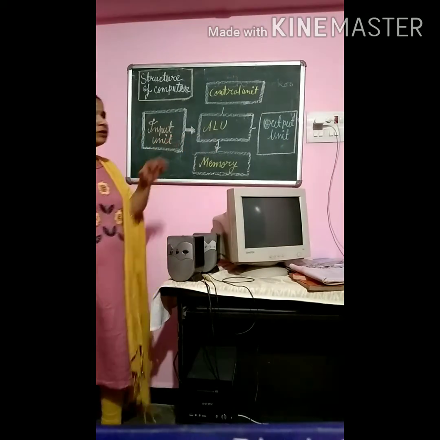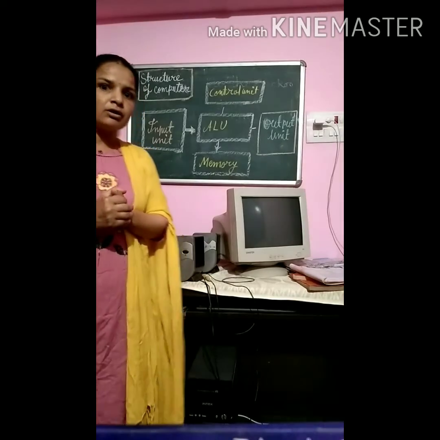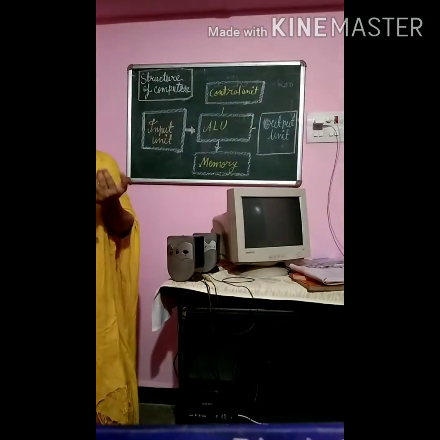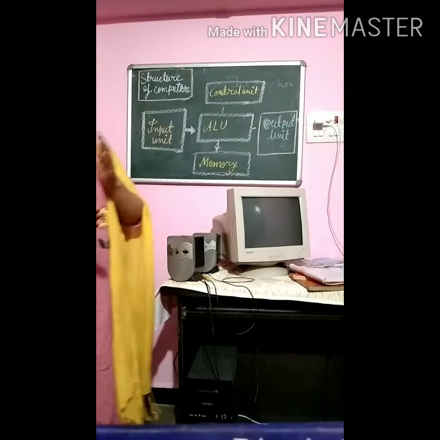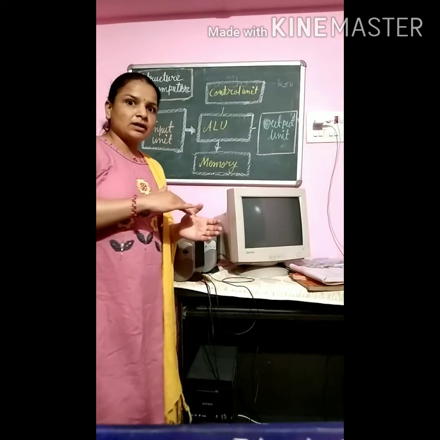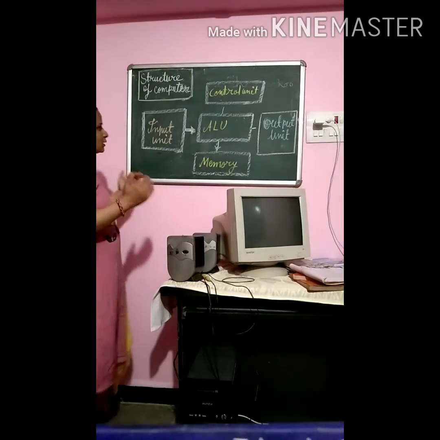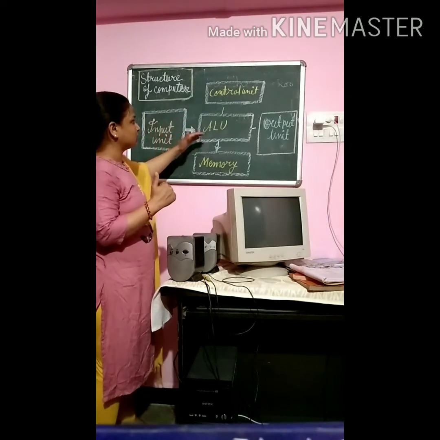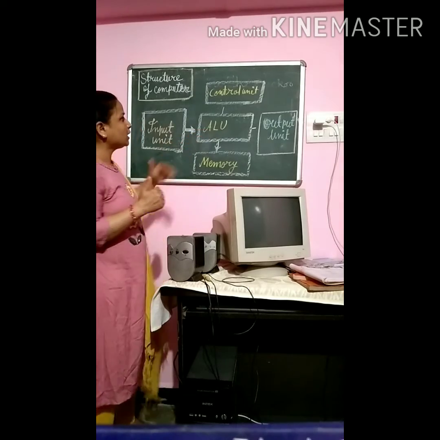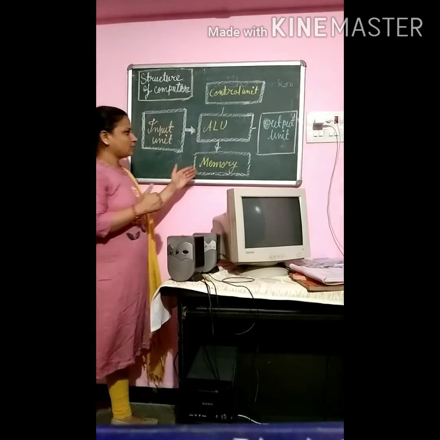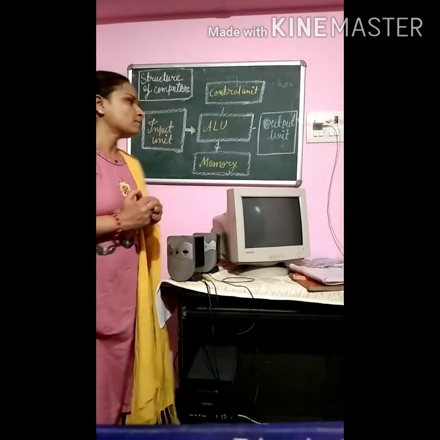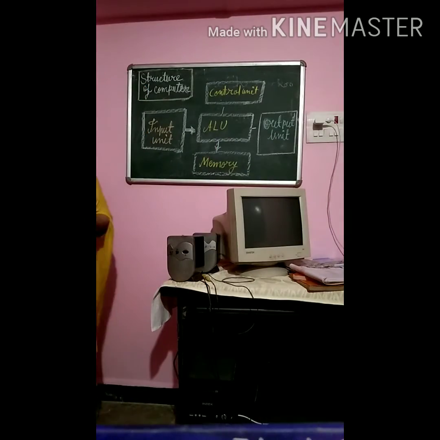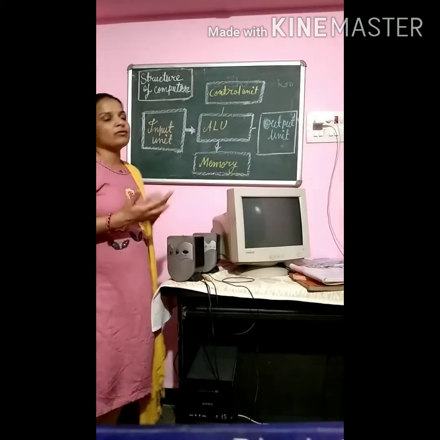The ALU, that means the arithmetic logical unit, handles addition, subtraction, and logical operations like greater than and less than; all these instructions are identified by the arithmetic logical unit. And memory stores the data. And the output unit provides the data in the required form.